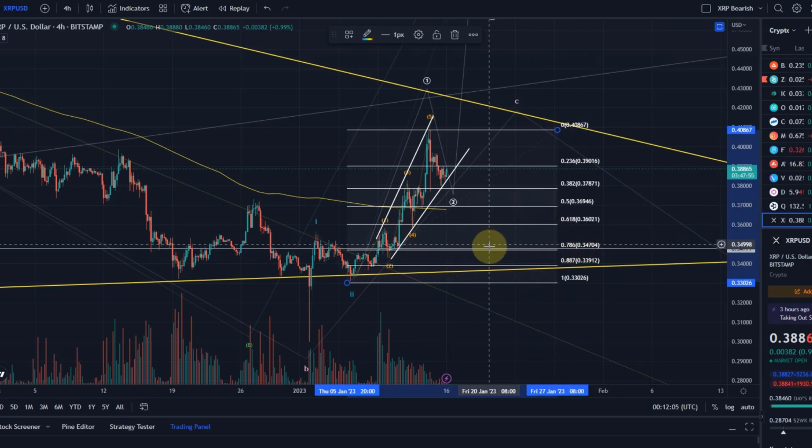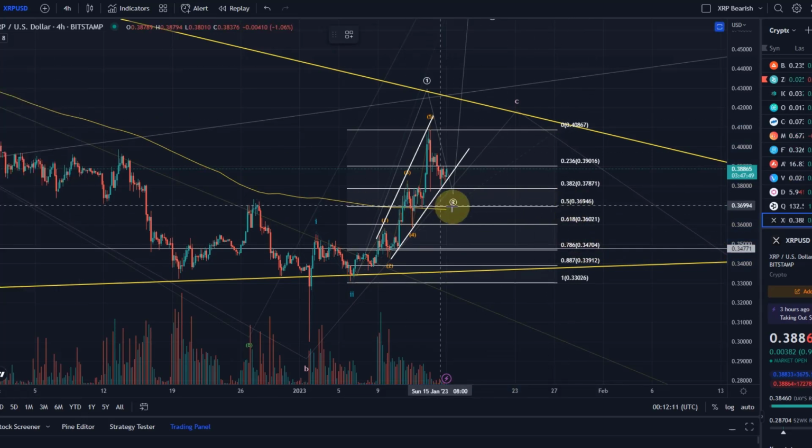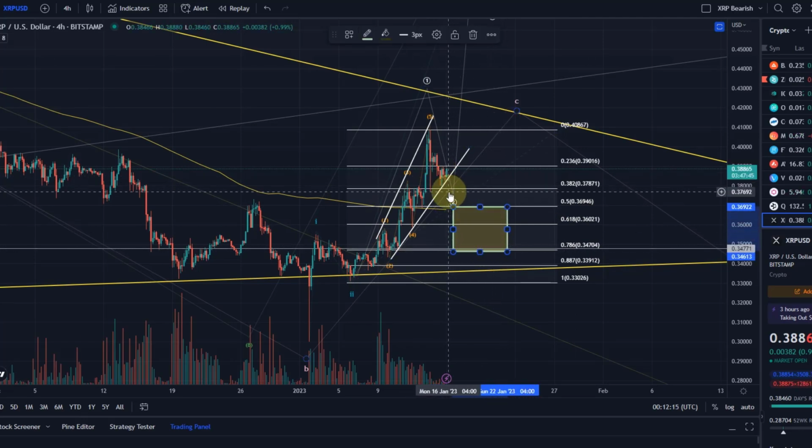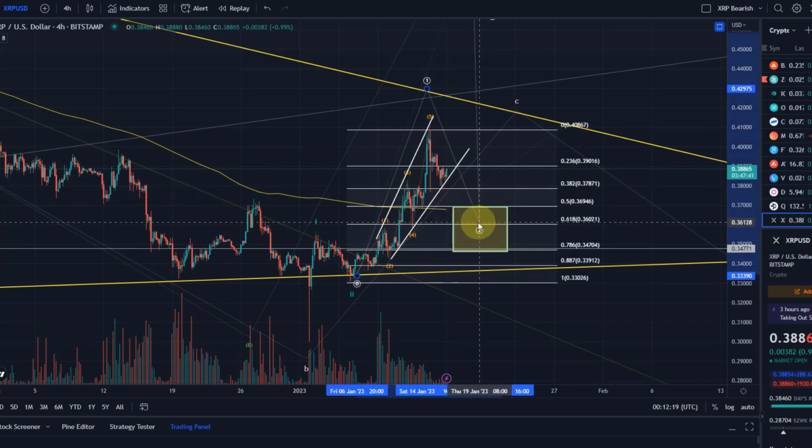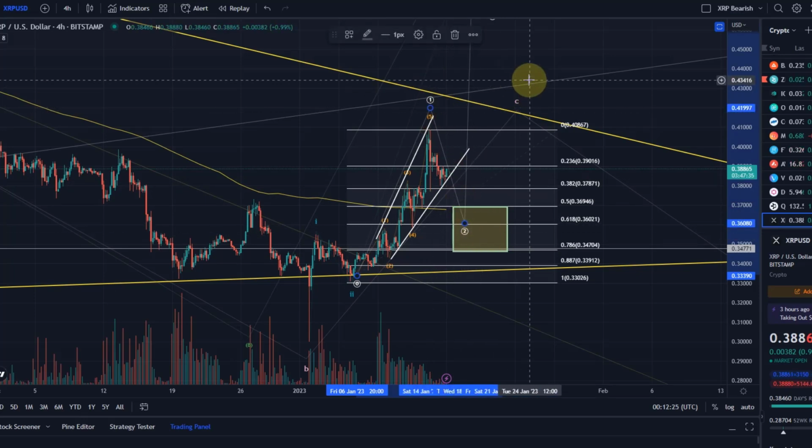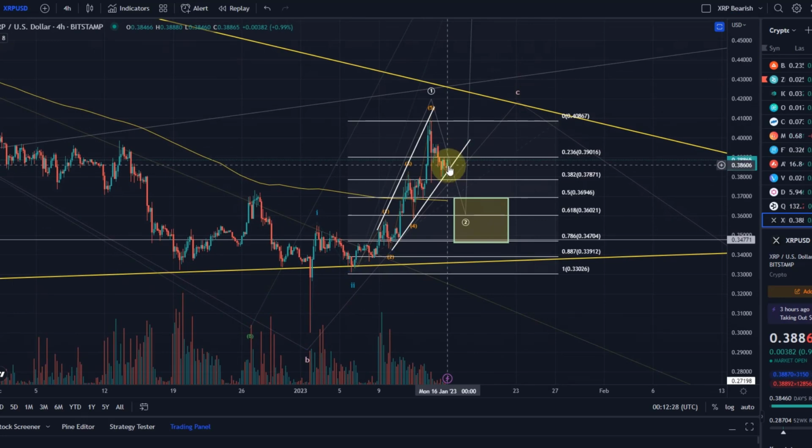So ideally it comes into the region between 34.7 to 39.6 cents. This would be the ideal support area for a wave 2. In fact, I don't think it's over yet, or at least I wouldn't primarily expect it, because based on probabilities, a wave 2 should normally break into the wave 2 support area here, but it will only do so if it breaks out of the channel to the downside. Okay.